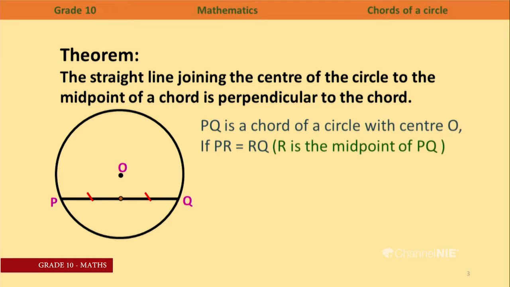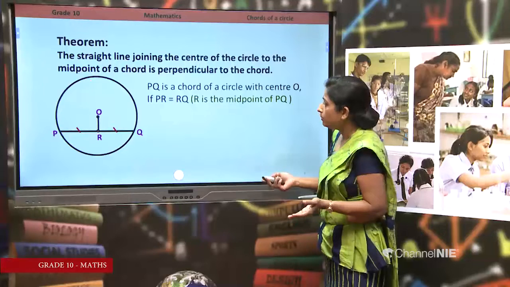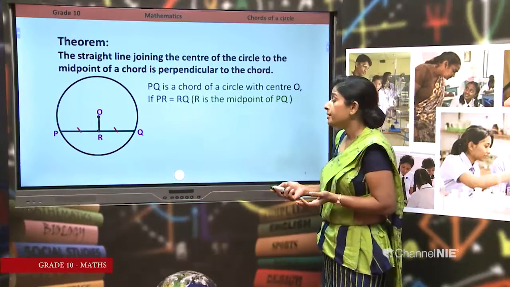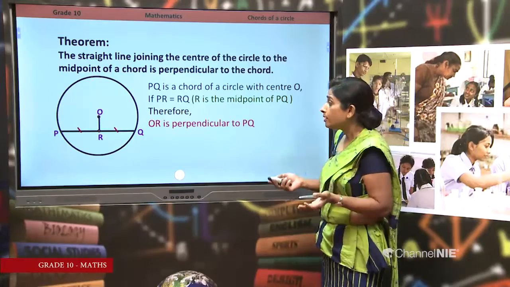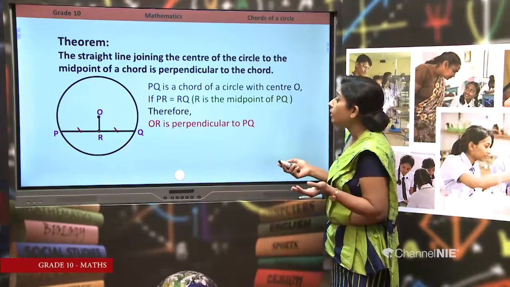R being the midpoint means the point R bisects the chord PQ, that is, it separates it equally. Then we join the center and the midpoint of the chord, and that line will be perpendicular to the chord. That is the theorem. So OR is perpendicular to the chord PQ.